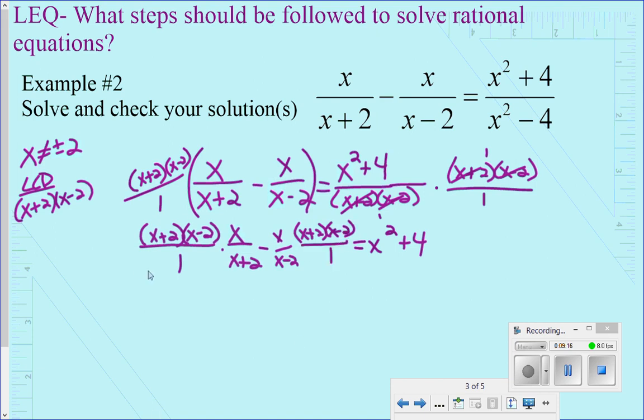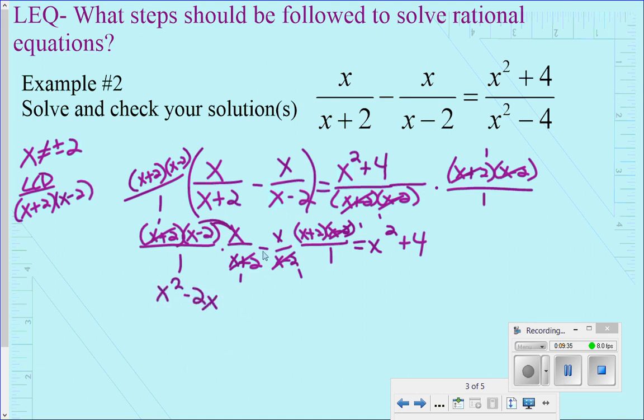Okay, so each one of those fractions times the LCD over 1. So now I can look on diagonals and cross off common factors. And that leaves me with x times the quantity x minus 2, which is x squared minus 2x.